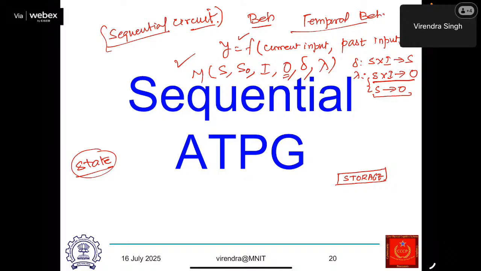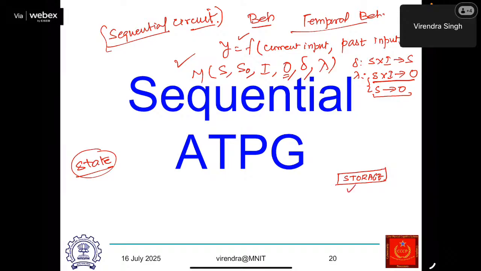And perhaps I don't know whether it was discussed, but we are only allowed to use D type flip flops. No other flip flop is allowed in a practical scenario, maybe in industry. And I will tell you here why that restriction is, why we can use only D flip flop, not any other flip flop.